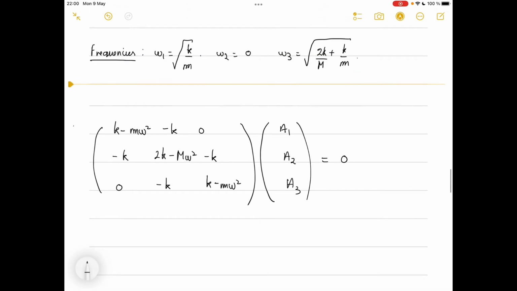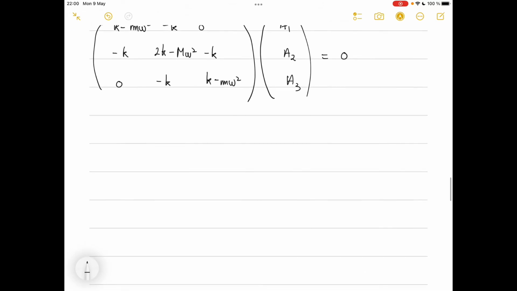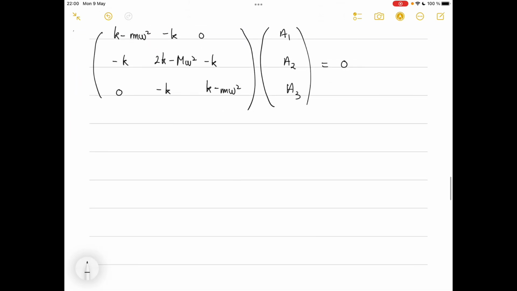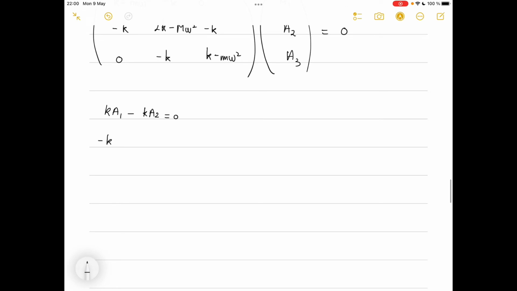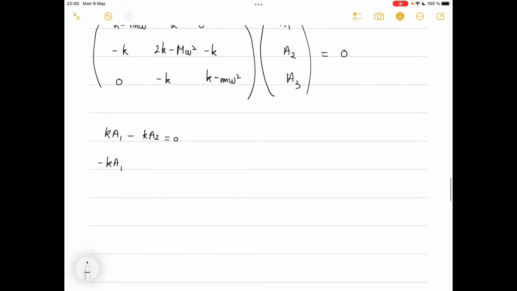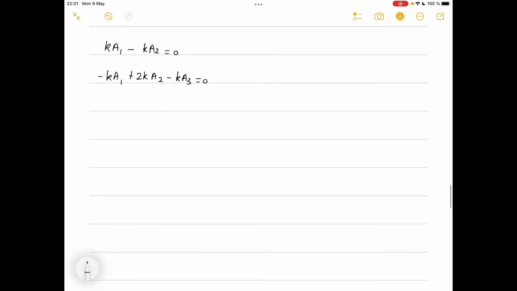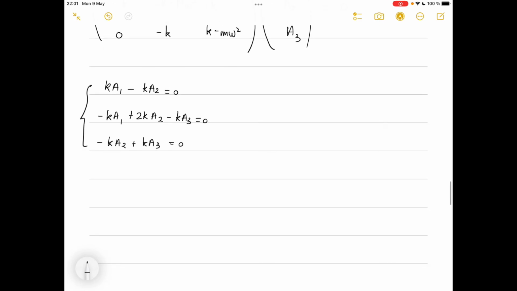So let's start with the case where omega is 0 and start solving. We'll find that Ka1 minus Ka2 equals 0, minus Ka1 plus 2Ka2 minus Ka3 equals 0, and finally minus Ka2 plus Ka3 equals 0. I'm just replacing omega squared by 0 effectively.